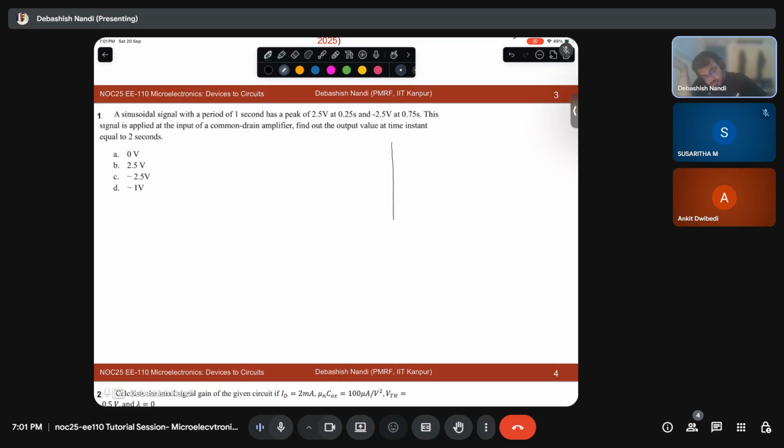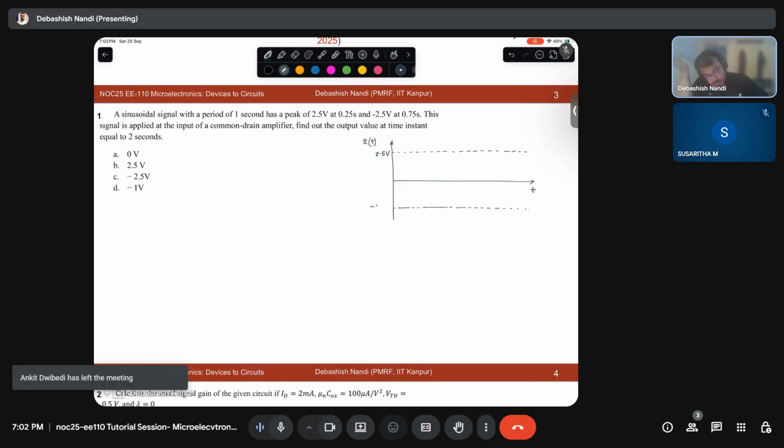So if you draw the sinusoidal signal, let's say the signal is x of t versus t. It has a peak of 2.5 volt and a negative peak of minus 2.5 volt.